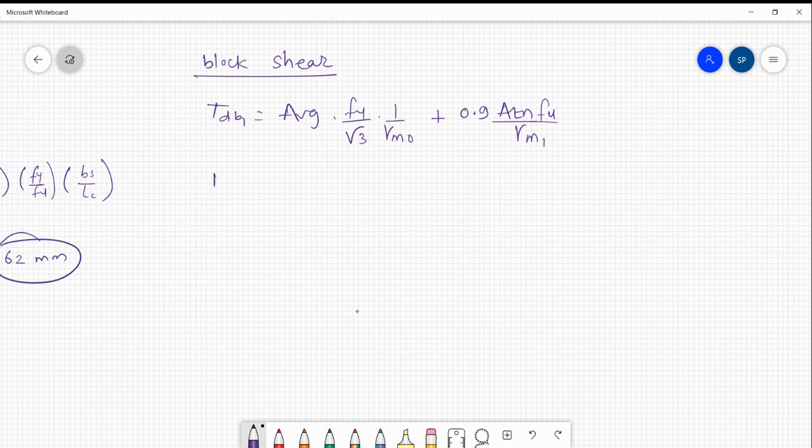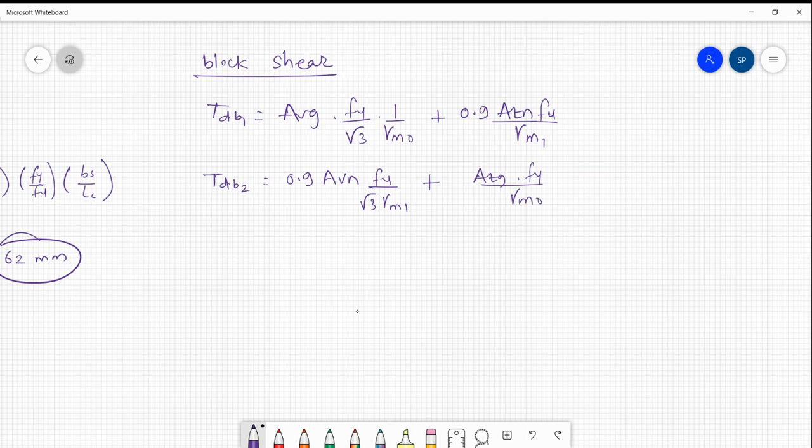Then expression for TDB2 also I will note it down. TDB2 equal to 0.9 AVN into Fu upon root 3 gamma m1 plus ATG into Fy upon gamma m0.